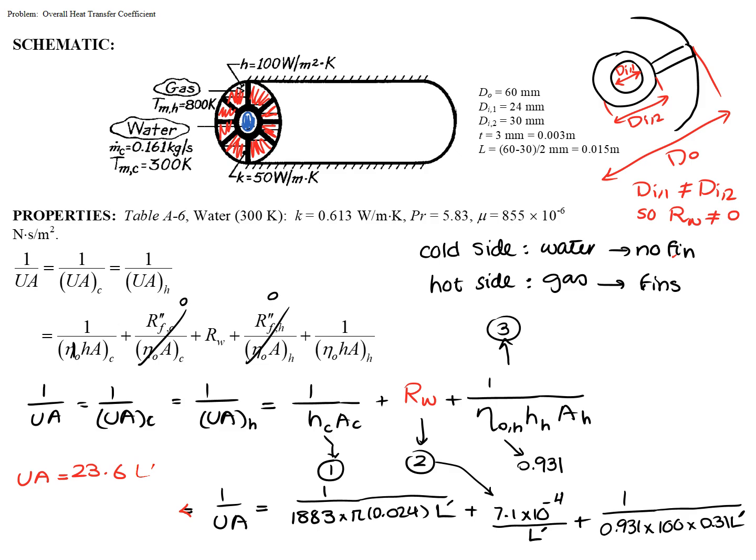All of these I'm going to show in the next slide, but once we do calculate them, we are going to find out what UA is for our heat exchanger, and that's the beginning of now dealing with heat exchange calculations. So let's go to the next few slides to see how we actually got this 23.6 L value.